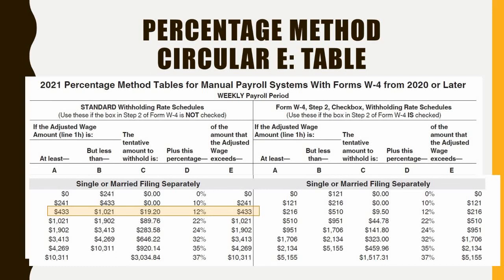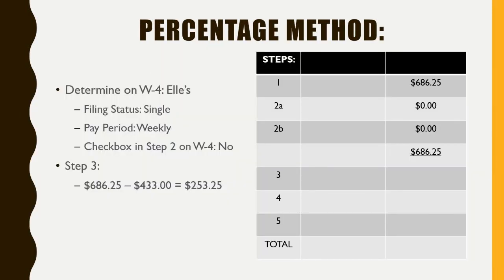So let's go ahead and figure out what the calculation is. You're first going to start with letter E, right? You need to determine how much money she's earned in excess. We said the government lets her keep $433. So $686.25 minus $433 is going to give you $253.25. Now, if you remember, letter D said that you're going to be subjected to a 12% tax, right? That's exactly what this percentage method does.